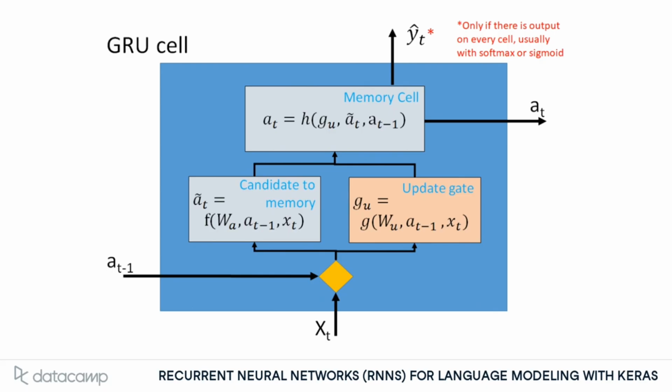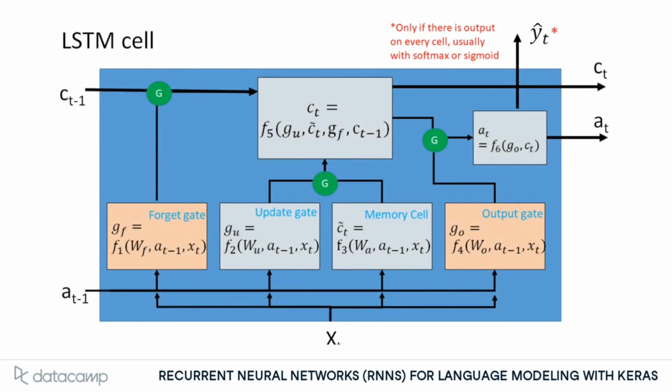If the gate is 0, the network keeps the previous hidden state, and if it's equal to 1, it uses the new value of A tilde. Other values will be a combination of the previous and the candidate memory state, but during training, it tends to get close to 0 or 1.